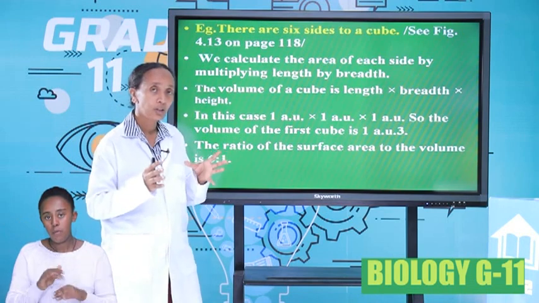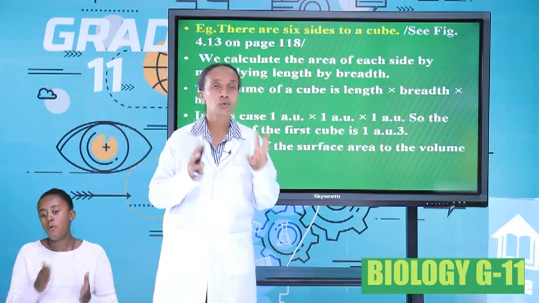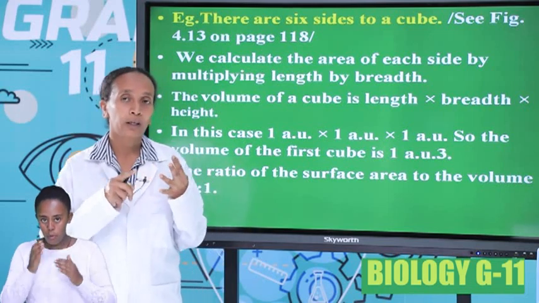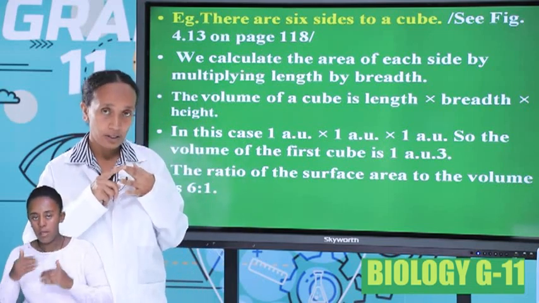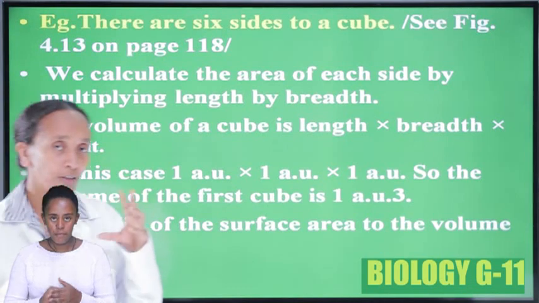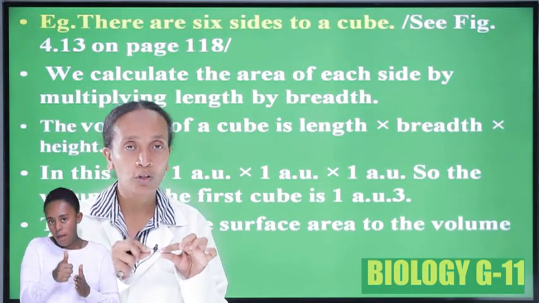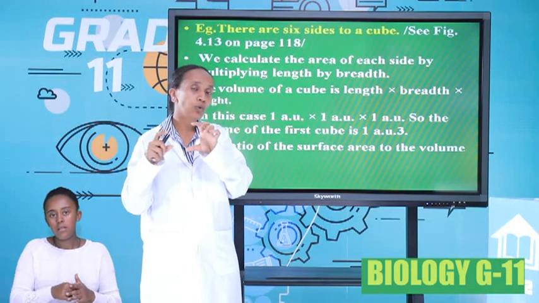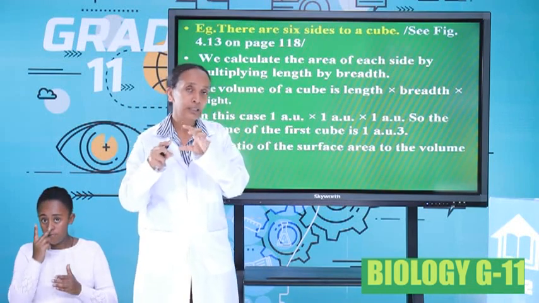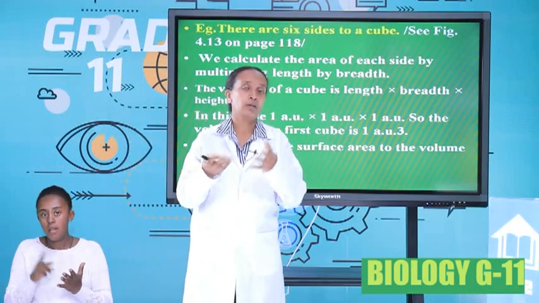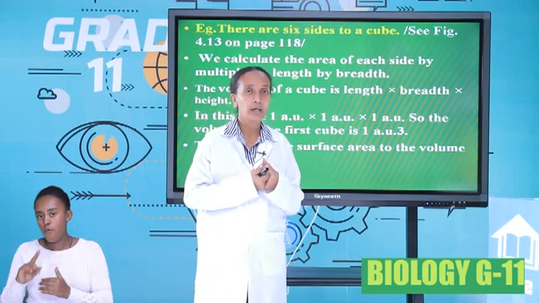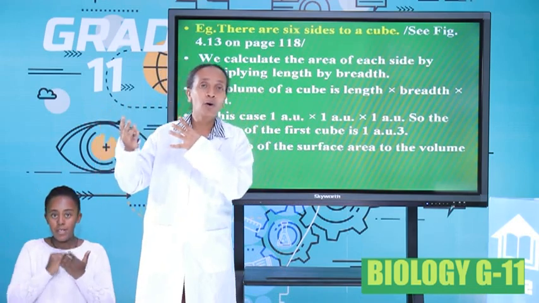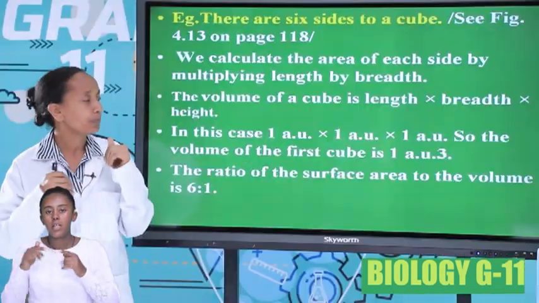The textbook provided you three cubes: cube A, cube B, and cube C. Cube A is very small, with 1 unit length. Cube B has sides double those of cube A, and the third cube is double that of the second cube.